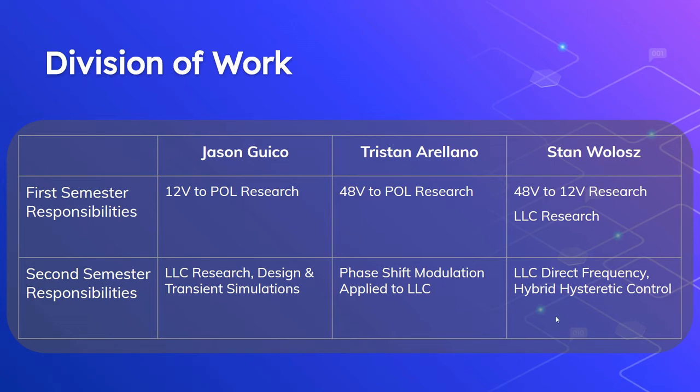In the end, we decided to go with the 48 to 12 volt category as well as the LLC topology, and that's why we have LLC applications for every single one of us. I'll go into more detail about why we chose that later, but just know right now that the second semester responsibilities include these because we decided on that specific topology and this specific category of converter to focus on.